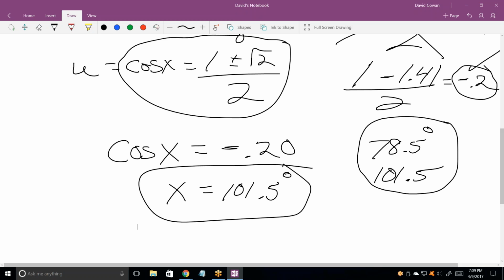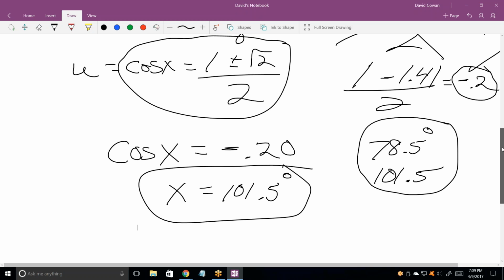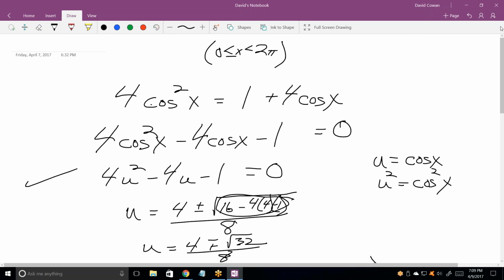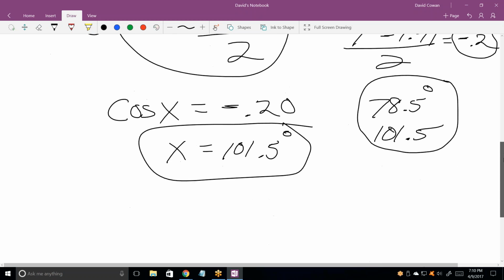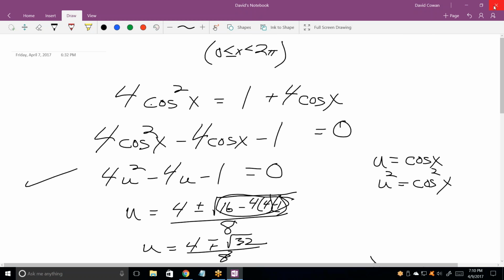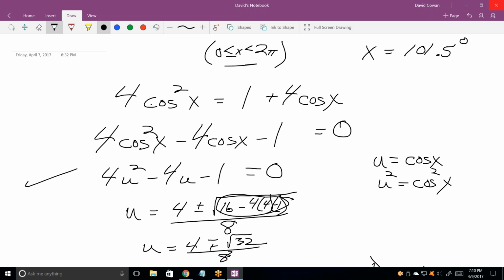And it's not a bad idea on these problems to go back up and check. 101.5 degrees. Now, hold on a second. I lost sight of the fact that the domain was the unit circle.